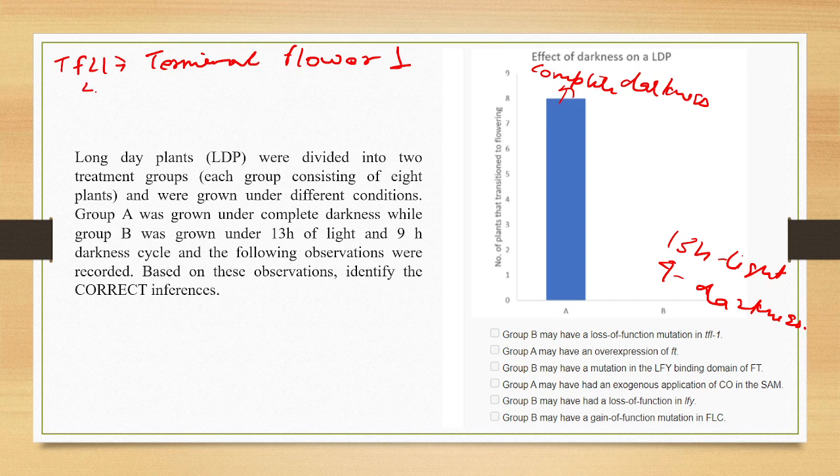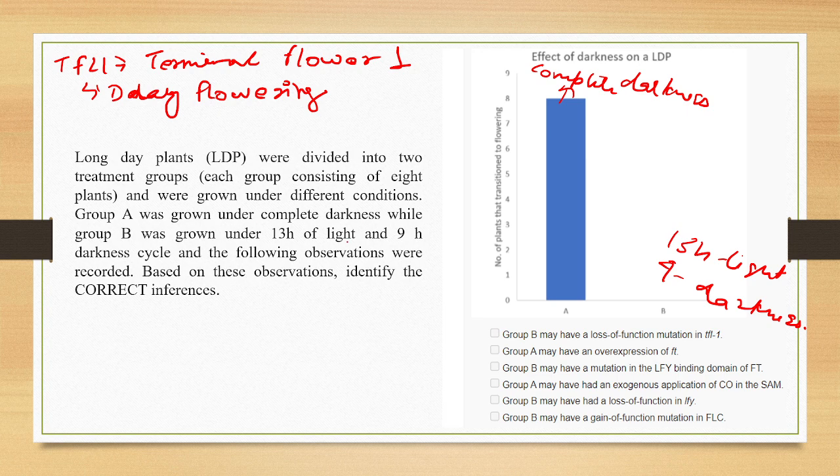So the function of this gene is to delay flowering. A loss of function mutation in the TFL1 gene would result in early flowering because the gene represses the floral transition.